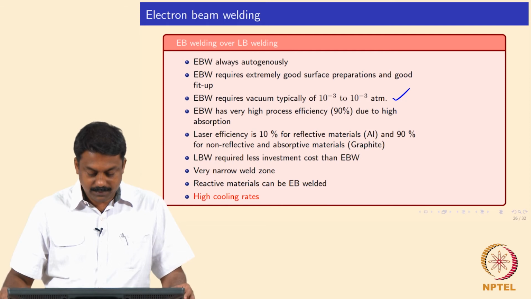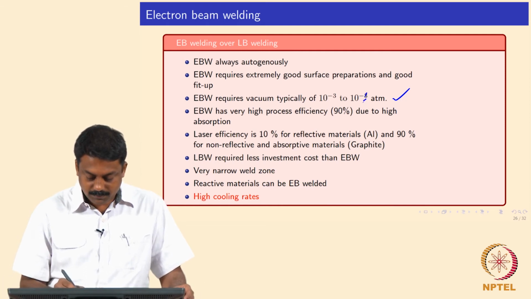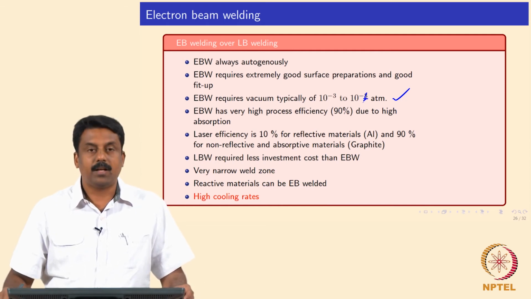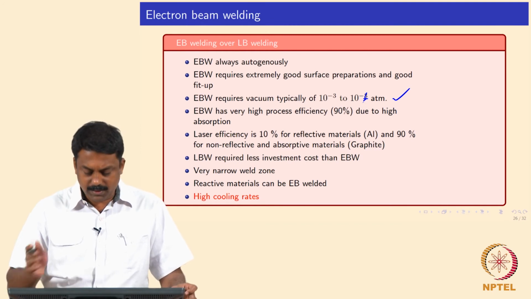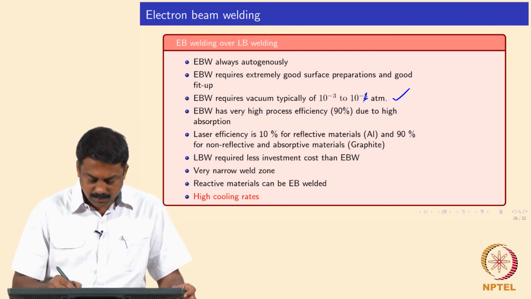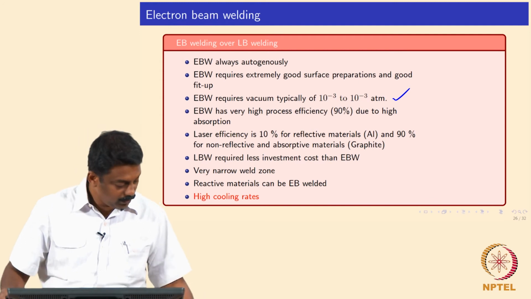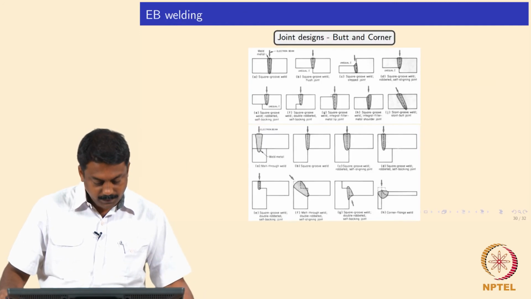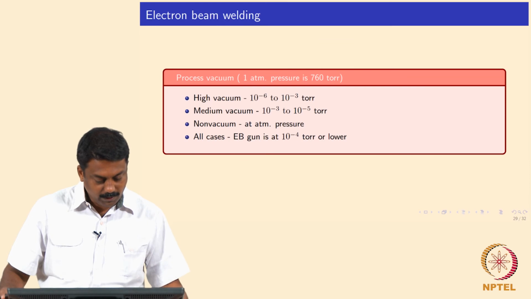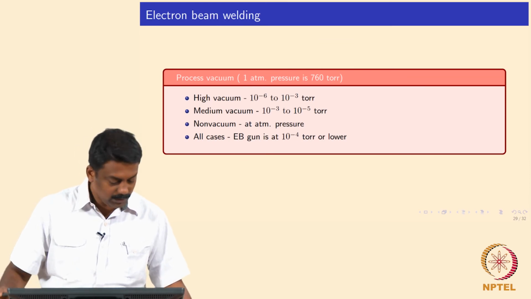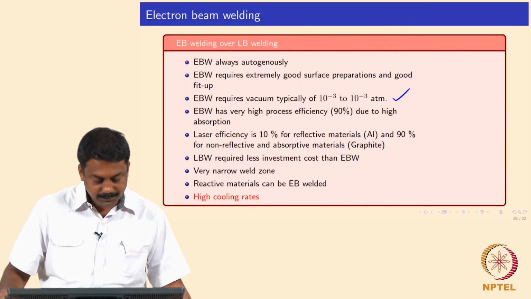So, generally the electron beam requires a typical vacuum of 10 to the power minus 3, but a low vacuum electron beam system can also be used. Okay, so the low vacuum can go up to 10 to the power minus 1 as well. We will go back to that.